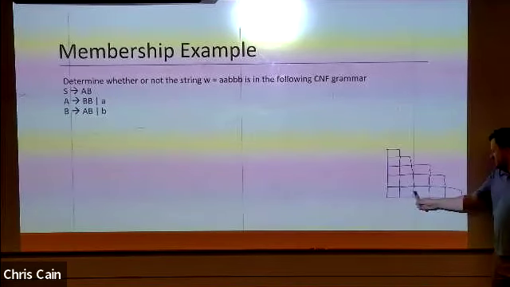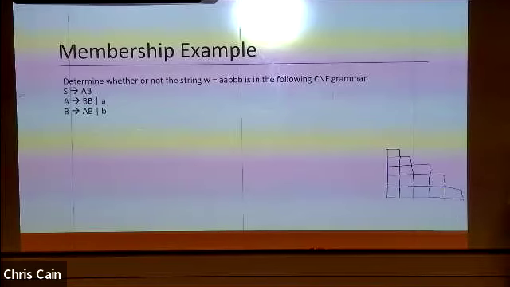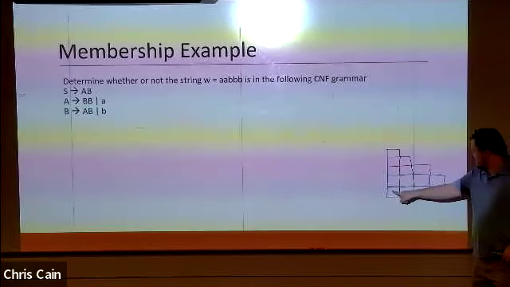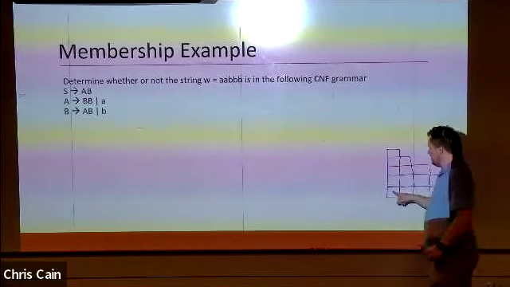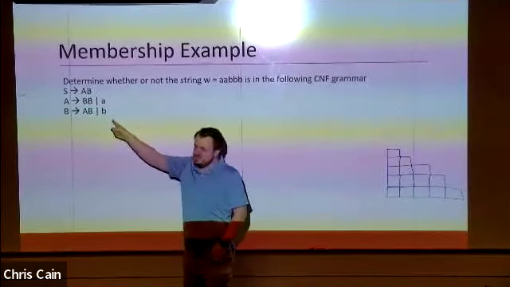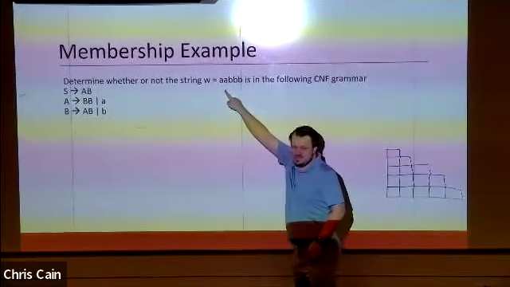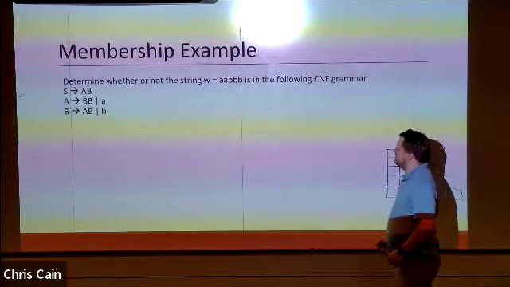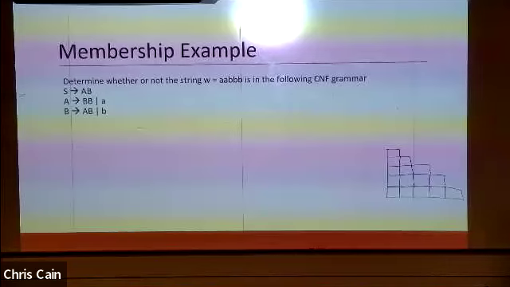So this first row is going to represent all N sub i,i, all substrings of length 1. This is going to ask the question, which of these productions can produce the substring that is the first character of the query string here.